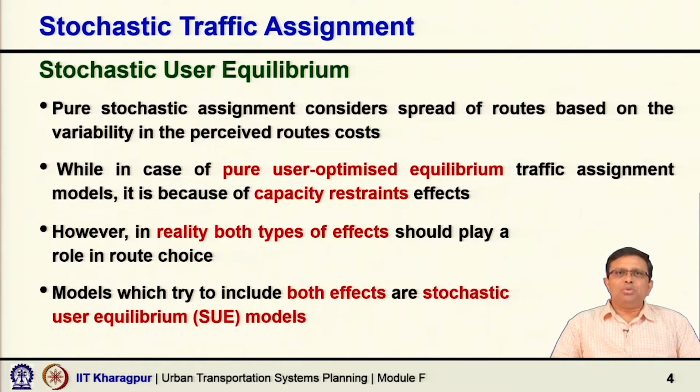In pure user optimized equilibrium traffic assignment, the spread of routes happens because of the capacity restraint effect. If we do not consider stochasticity, consider a realistic typical urban transport condition. In nearly every big city there is great imbalance between demand and supply. On many links or segments, the demand may be even more than the available capacity during certain hours of the day.